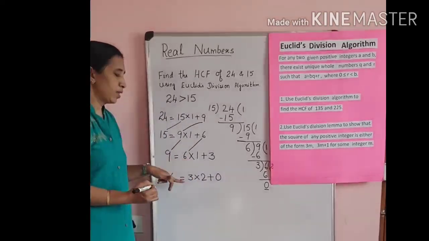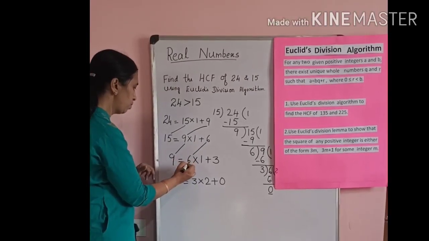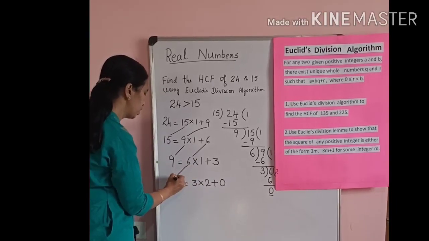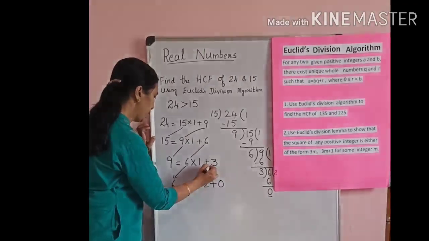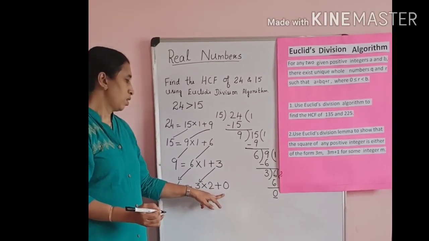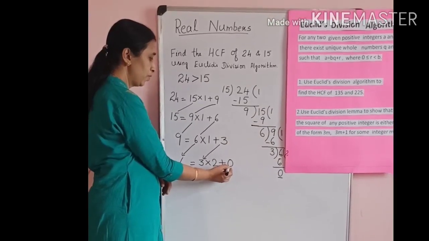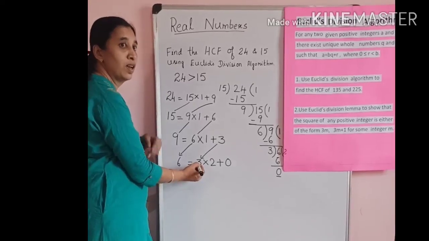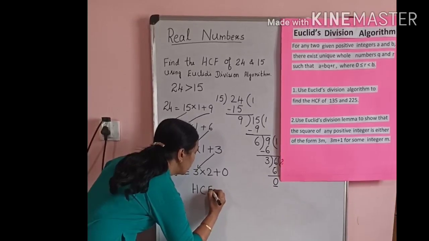So if you compare the third and fourth step, in the third step we have 6 as divisor; that will become the dividend of the fourth step, and the remainder 3 will become the divisor of the fourth step, and we have got remainder as 0. Once you get the remainder 0, then the divisor of that step will become the HCF of the two numbers. So here HCF is equal to 3.